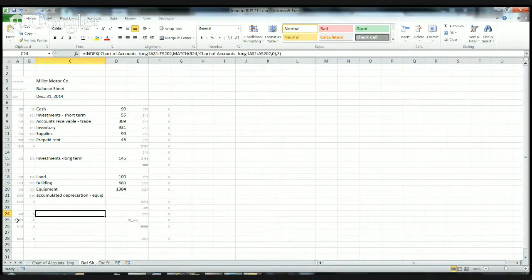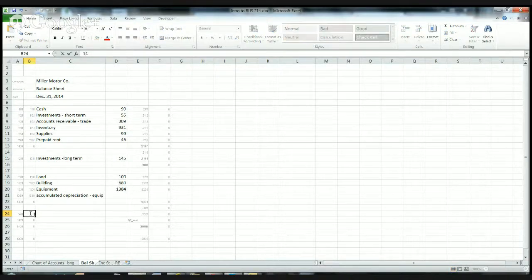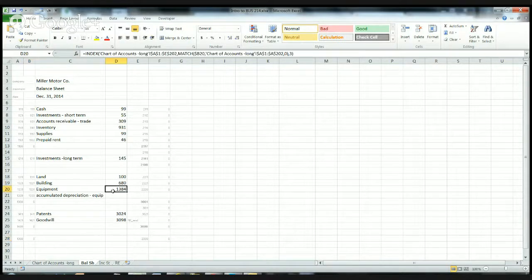And then I have patents, goodwill. Those are intangible assets, we call them. Whoa, I didn't mean to do that. There we go.